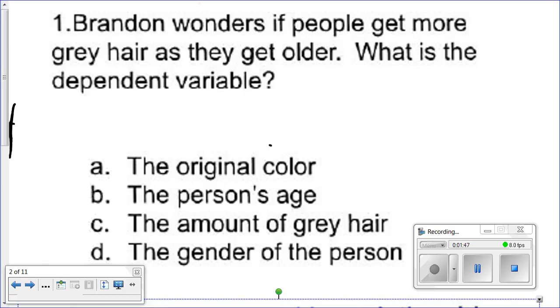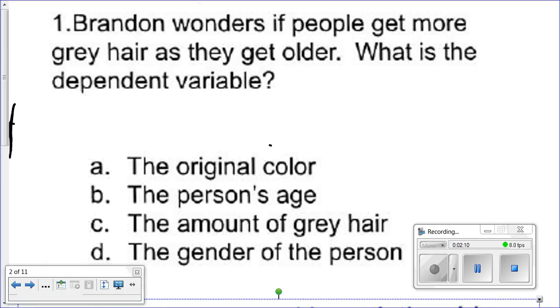If you think about it, does gray hair depend on the age of the person, or does the age of the person depend on gray hair? I guess they do sort of depend on each other, but the aging happens and then the result is the gray hair.